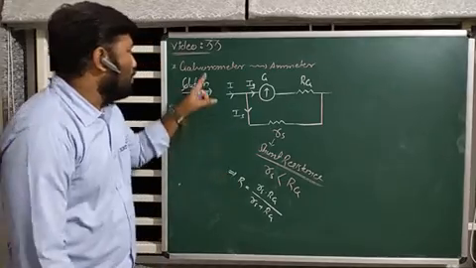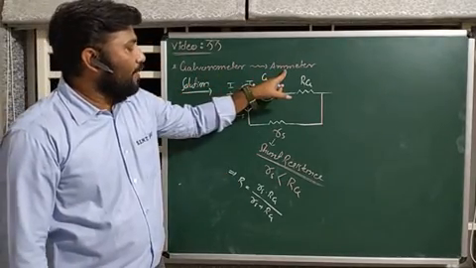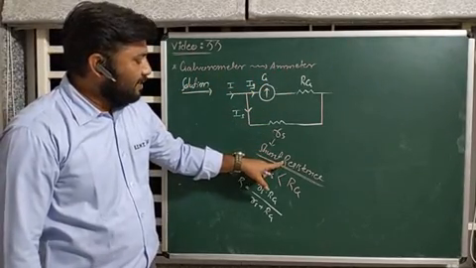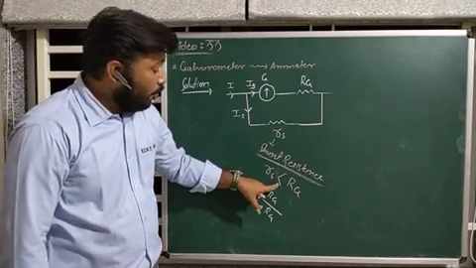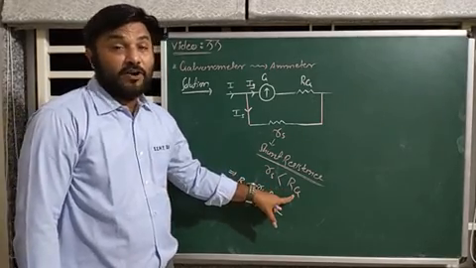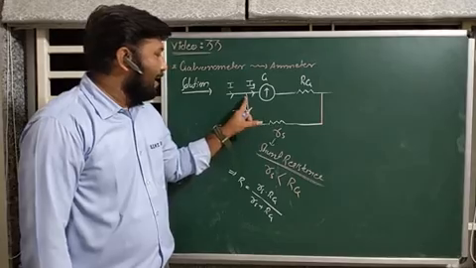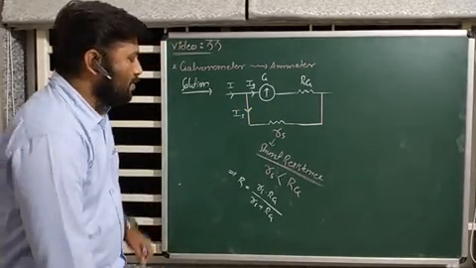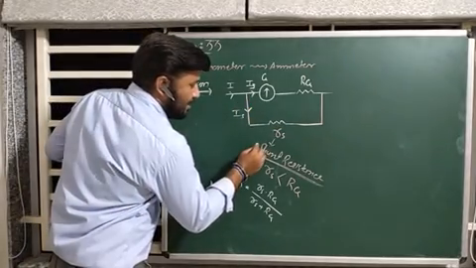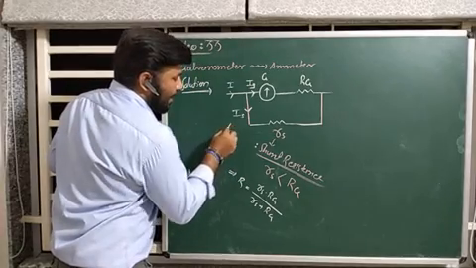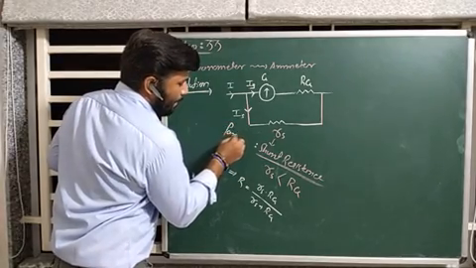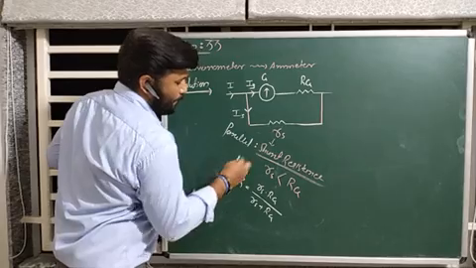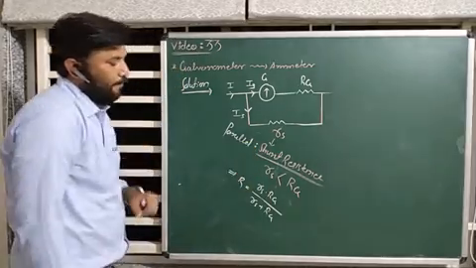Once again, to convert a galvanometer into an ammeter, a resistance having a value lower than the resistance of the galvanometer is connected in parallel. So this shunt resistance is connected in parallel.